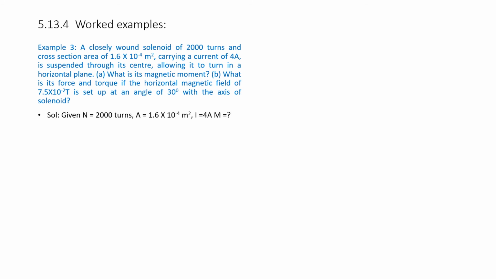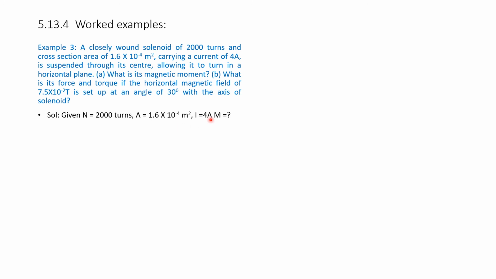Let us solve. Solution. Given number of turns n is equal to 2000 turns. Area of cross section A is equal to 1.6 into 10 to the power of minus 4 meter square. It is given in meter square, so there is no question of converting it to some other value.